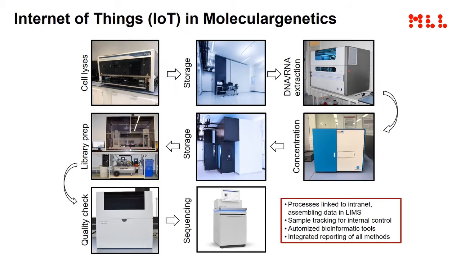We then combine all these respective instruments from cell lysis, DNA extraction, library preparation, and finally sequencing and the storage freezers in between in a so-called Internet of Things that is completely organized by our laboratory information system, and also adding the information after sequencing to a completely automated bioinformatic pipeline to finally bring this information to our molecular biologists and cytogeneticists.